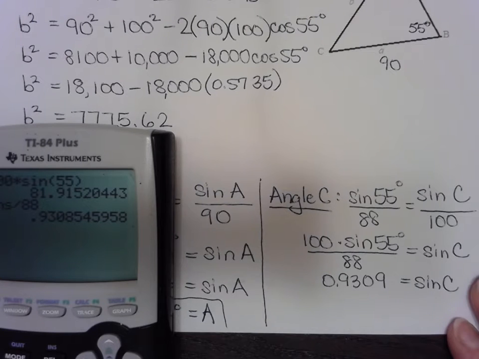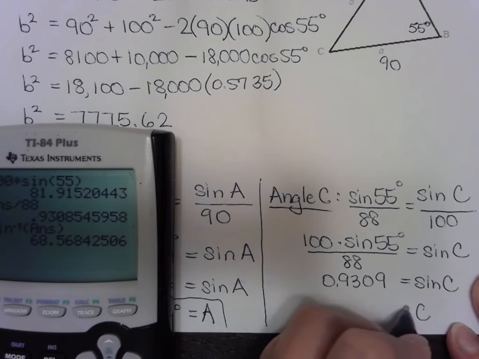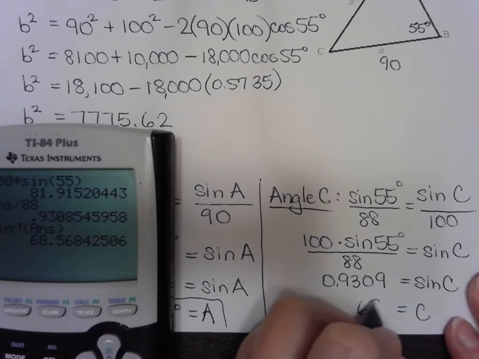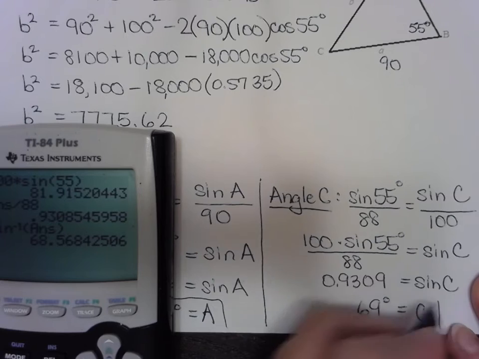Now I'm going to take the inverse sine. That's going to give me, and again, we're going to round to two digits, so that's going to give me 69 degrees.